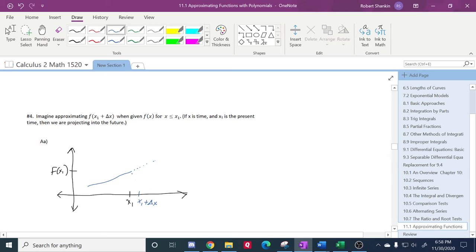And then this part from here to here, we go to a different color, will be delta x. And then the change in the height that happens from here to here is delta y.